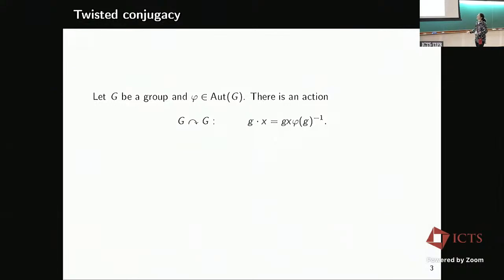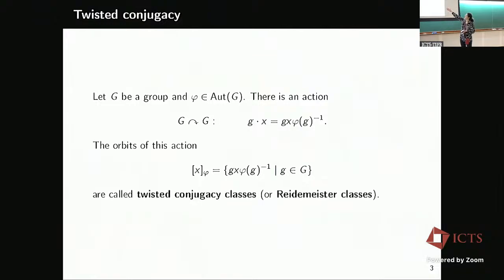Of course, if I take phi to be the identity, we recover usual conjugacy. The orbits of this action are what we call the twisted conjugacy classes, or Reidemeister classes, depending on who is working on this. Again, if phi is the identity, that's just usual conjugacy, so you get the conjugacy classes.